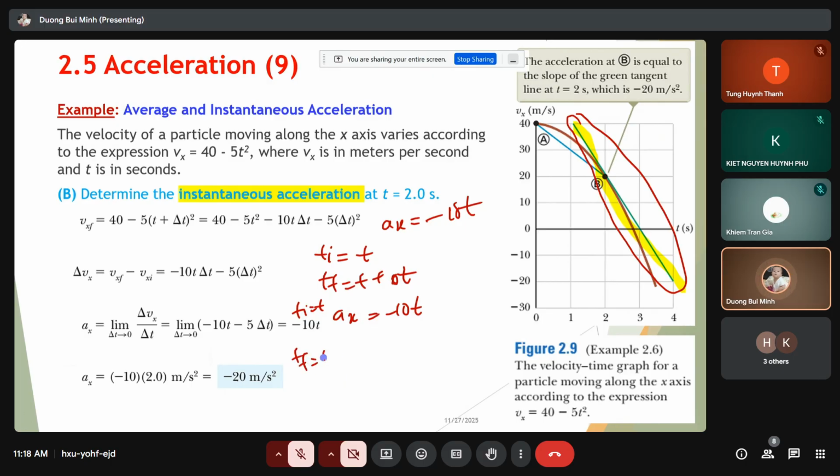If Tf is t plus delta t, then Ax is minus 10 times t plus delta t. So we can get minus 10t minus 10 delta t.